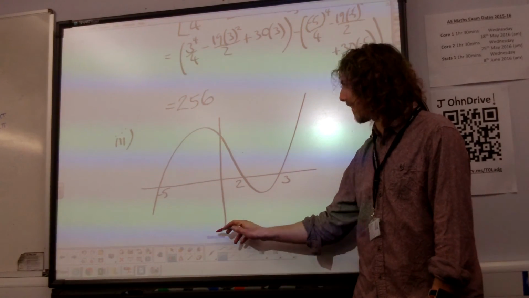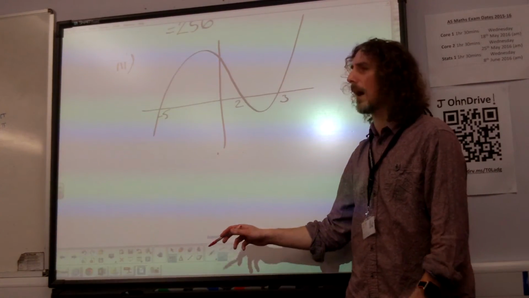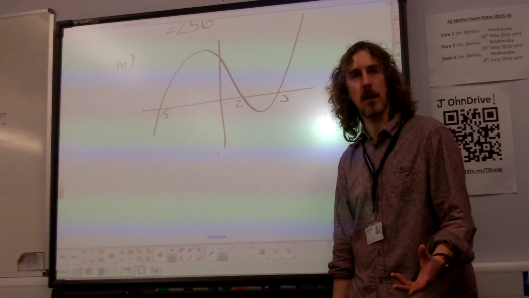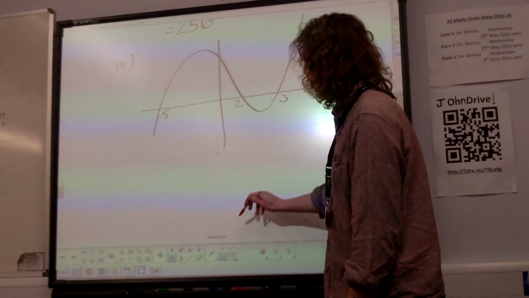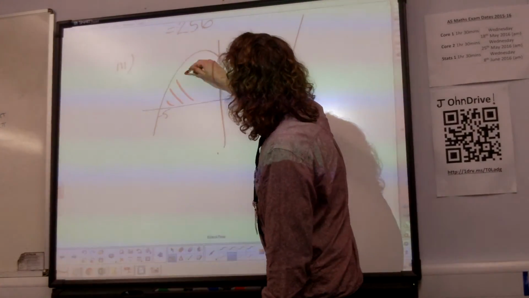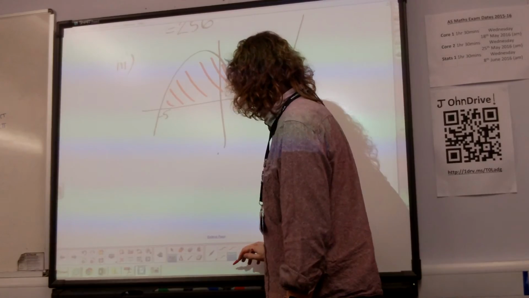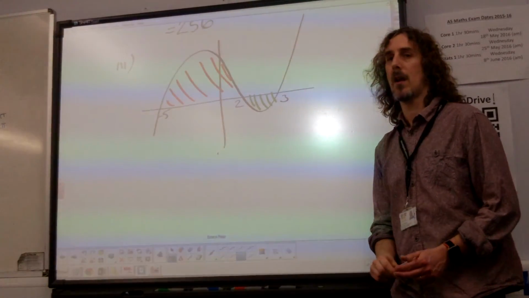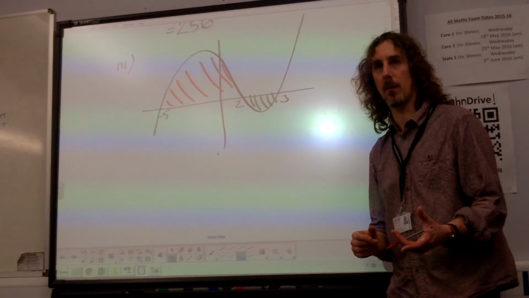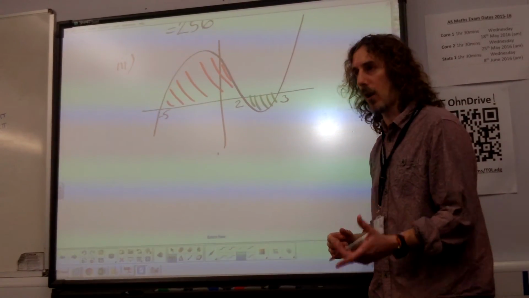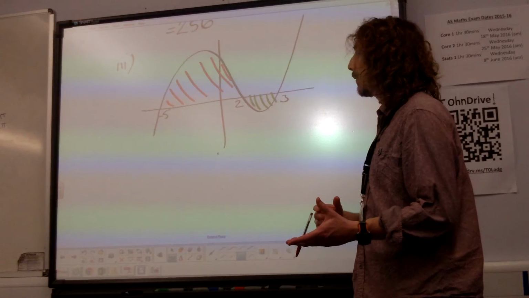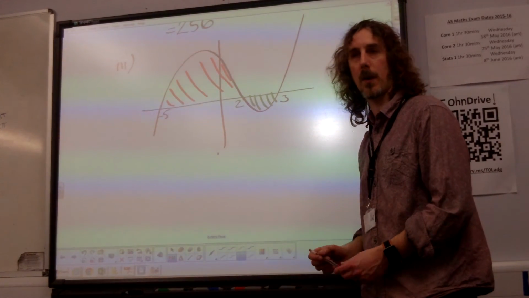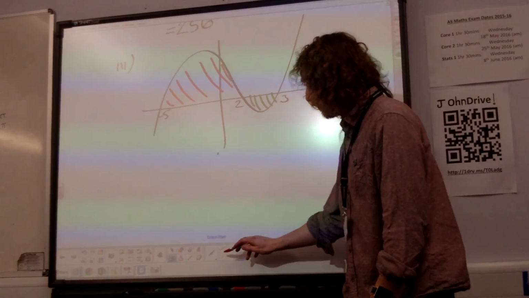Now, why is that not the area? How can you show that the integral that you did doesn't give you the area enclosed? So the area enclosed is that area there and that area down there. And it was quite specific what it was looking for with this. You couldn't just say how you would find the area, you had to say why it didn't give you the area enclosed by the curve and the x-axis.